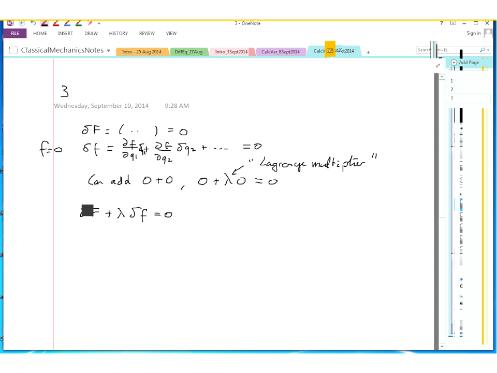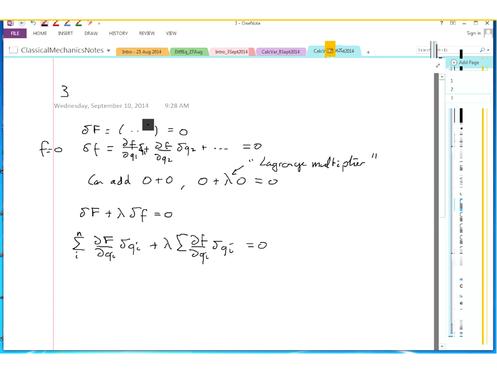So delta F is the sum over i to n of di F by di Qi delta Qi, plus lambda di little f by di Qi delta Qi, and that's equal to 0, right?